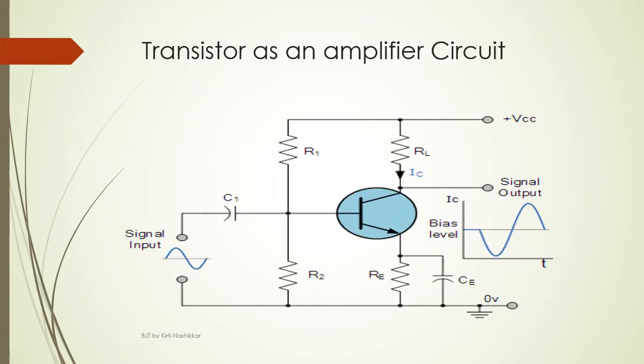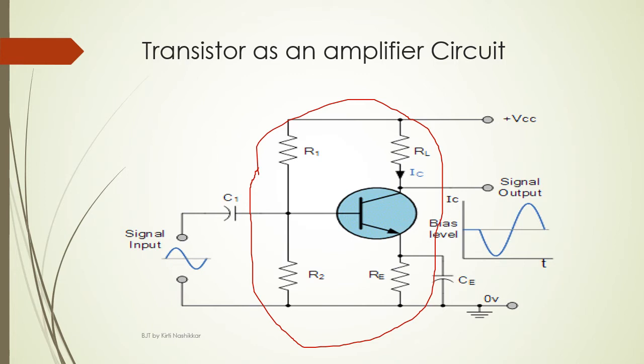Now this is the circuit for transistor as an amplifier, and here you can clearly see that this particular section is nothing but the voltage divider bias or potential divider bias section. So you have to draw the same circuit as that of the potential divider bias circuit. Now here you have to add some extra capacitors.